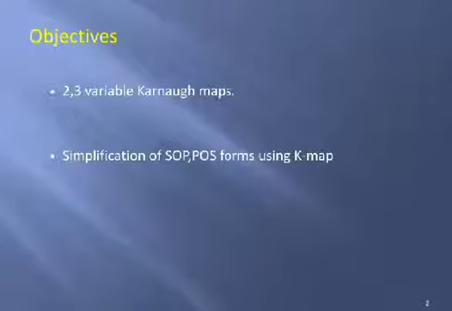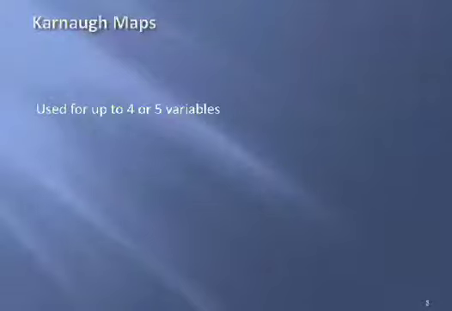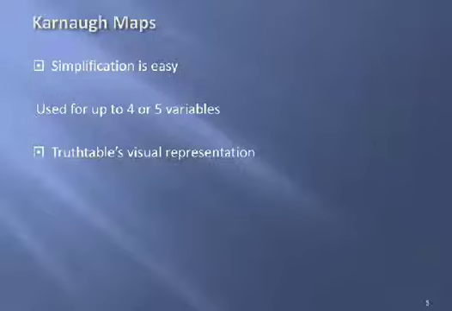So Karnaugh maps are mainly used to make the simplification easy. In order to make the procedure of simplification or minimization of the given expression easier, the K-map is used. K-maps are used up to 4 or 5 variables. K-map is nothing but a visual representation of the truth table.